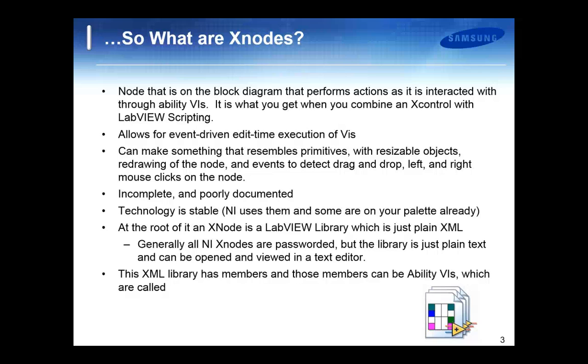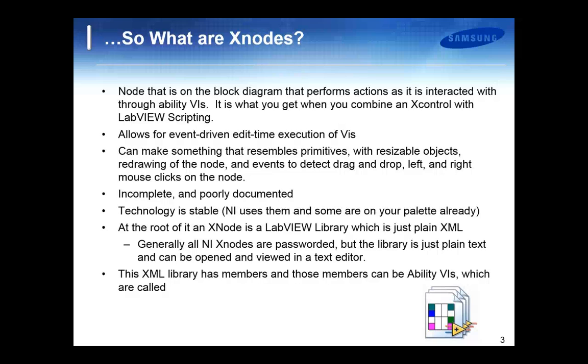They're incomplete, they're poorly documented or not documented at all, depending on how you look at it. But the technology is stable, and at the root of it, an XNode is just a LabVIEW library. It's plain XML with a bunch of extras thrown in. But the file itself is just plain text that we can look at that has ability VIs.